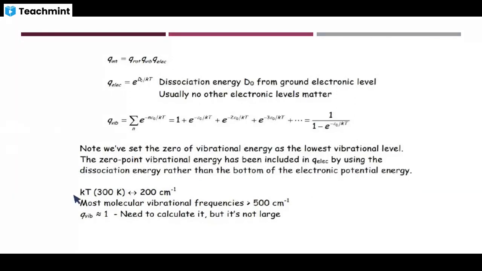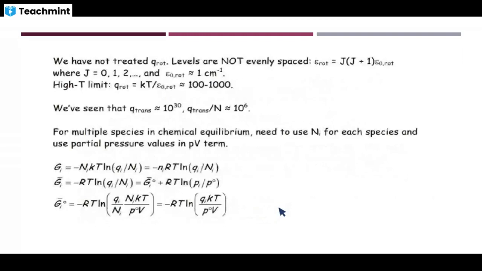When kT is at 300 Kelvin, about 200 centimeter inverse, most molecular vibrational energies are greater than 500 centimeters inverse. So most molecules are in the ground state, so the vibrational partition function is equal to 1. It is needed to calculate it, but it is not large. We have not treated Q rotational, because rotational levels are not evenly spaced.